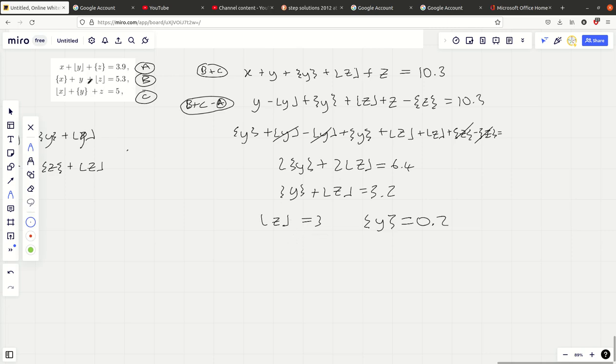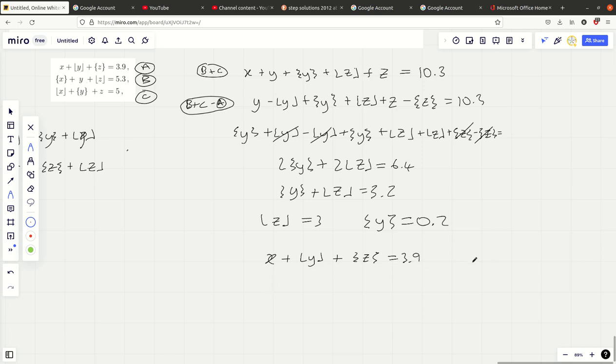Well, it helps me a lot because I can start plugging these values in. Let's plug them into all three. We have x plus integer part of y plus fractional part of z equals 3.9. Not much we can do with that.